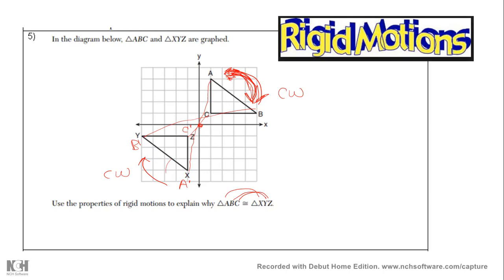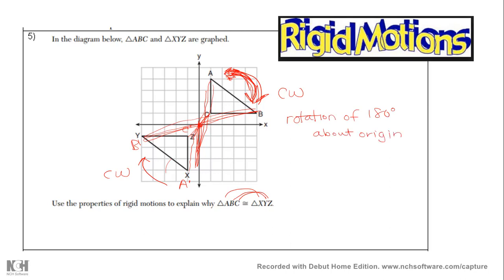So when you go from the image to the pre-image, you can see that they're all going to pass through that point. Anyway, so this is a rotation of 180 degrees about the origin.